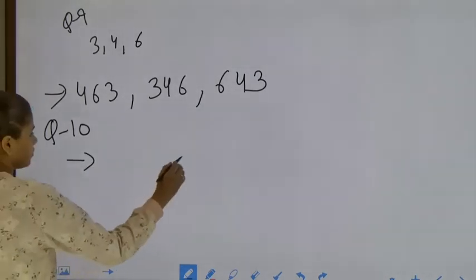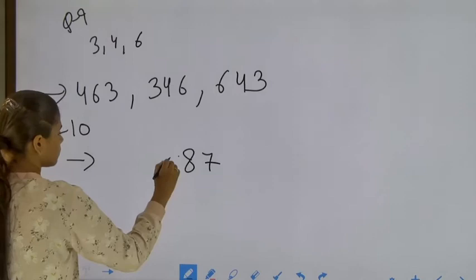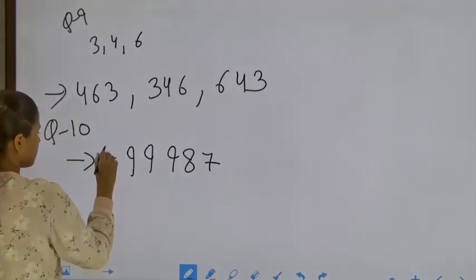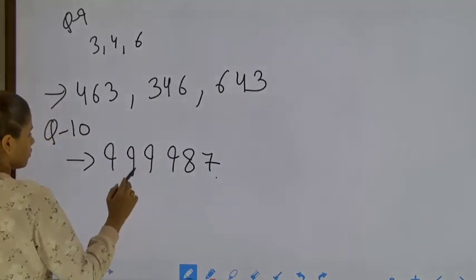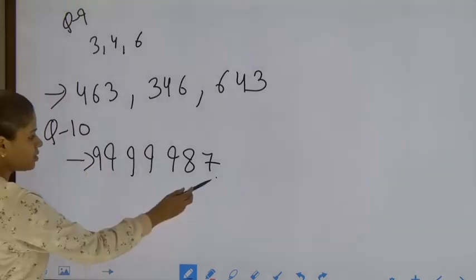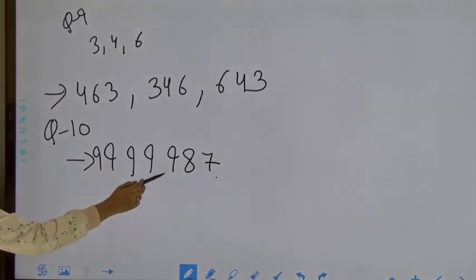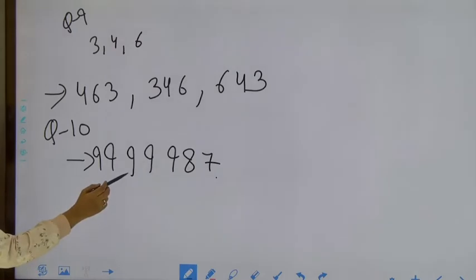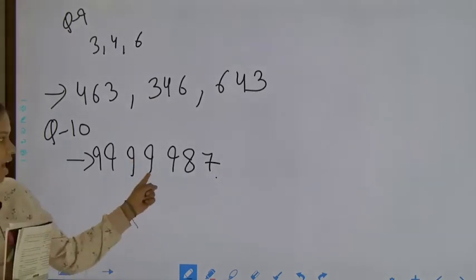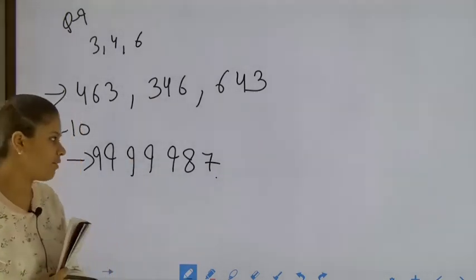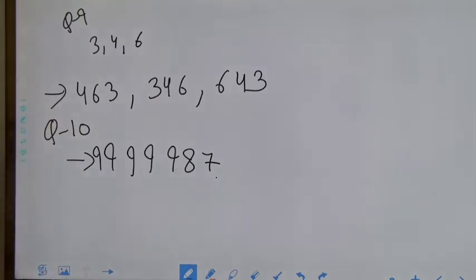That is ones, tens, 100, 1000, 10,000, lakh, 10 lakh. That is 99 lakh 99,987. तो स्टूडेंट्स आप देख सकते हैं इसमें 3 डिफरेंट डिजिट्स यूज हुई है, दैट इज 9, 8 एंड 7. नाउ मूव टू दी नेक्स्ट क्वेश्चन.